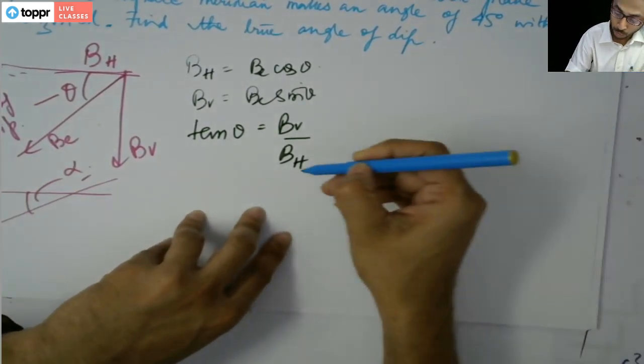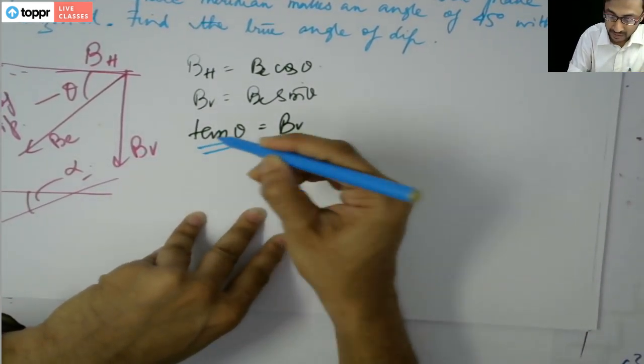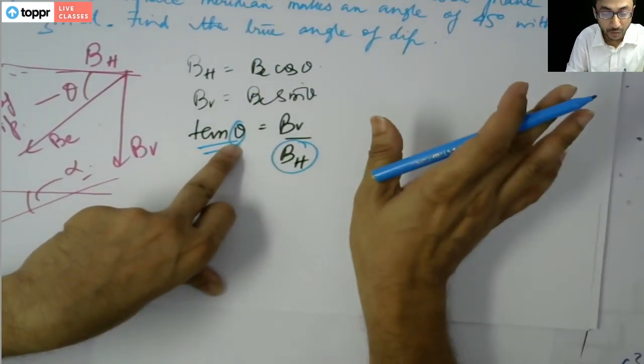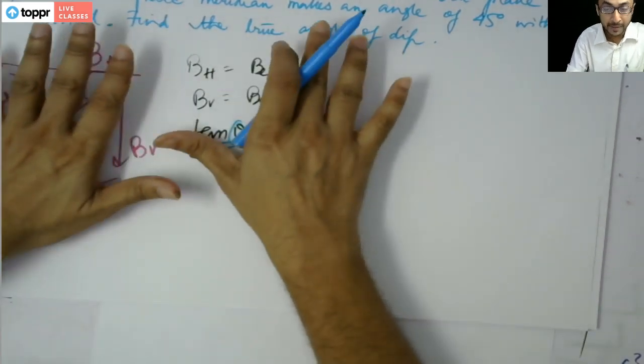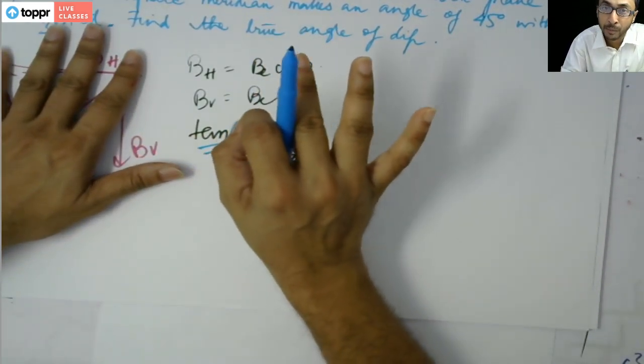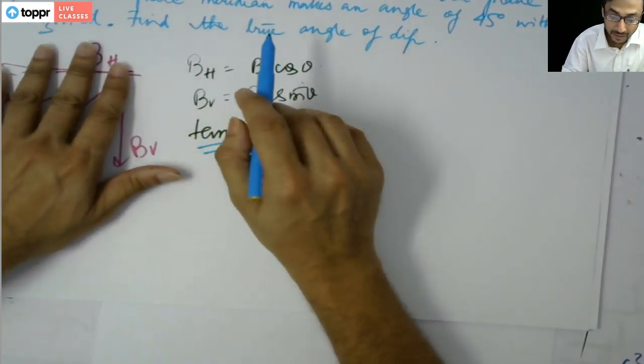So if we know BH as well as the angle of dip theta, we can find out the other things. This is a very typical problem which usually comes.